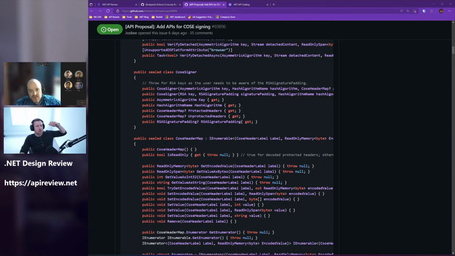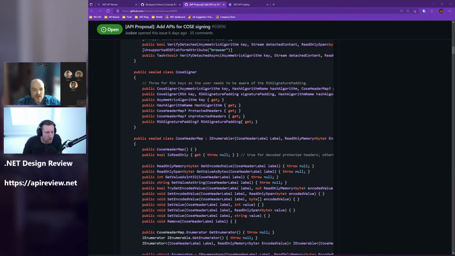They call them label and value, so we have it as an enumerable of label and encoded value. And if you want the helper of give this to me as an int, then you have to talk to CBOR. But it has helpful helpers, like get value at 32.